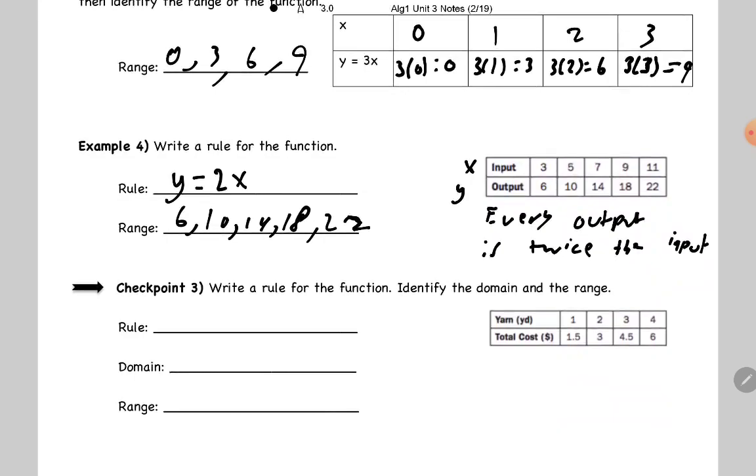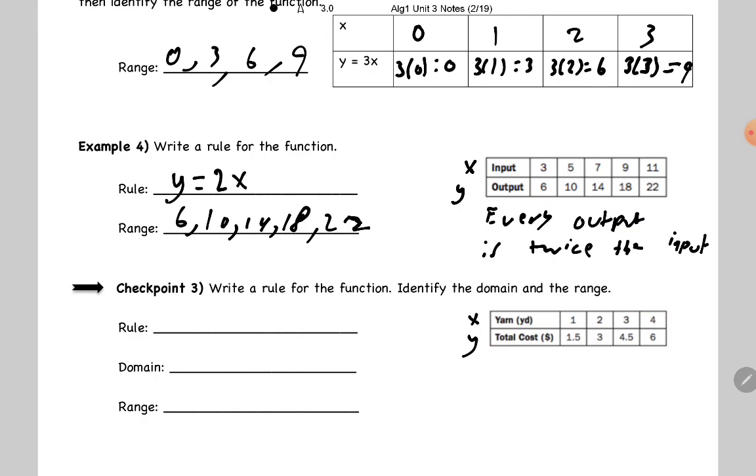Okay, let's do it again. So we have yarn and total cost. So x, y. So 1 yard is $1.50. 2 yards is $3.